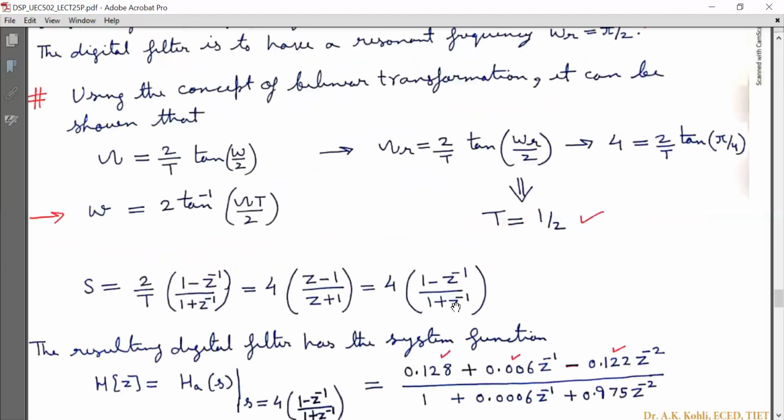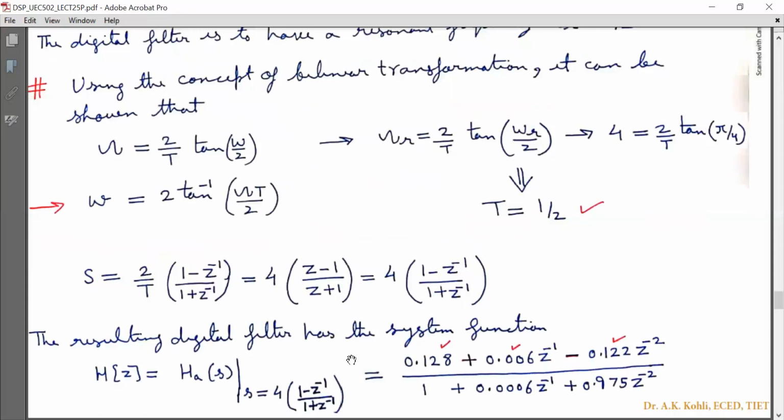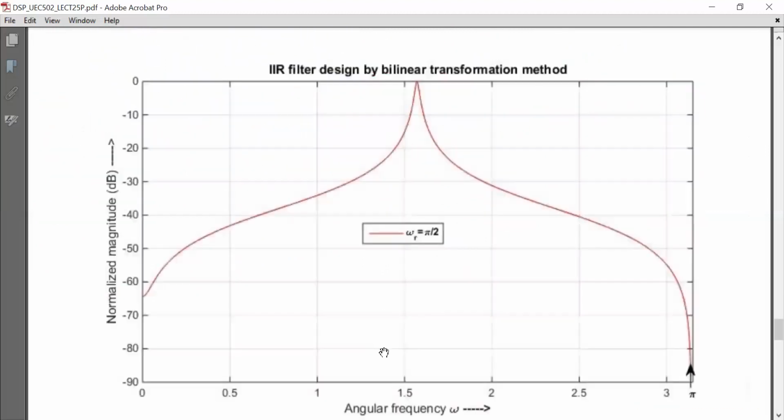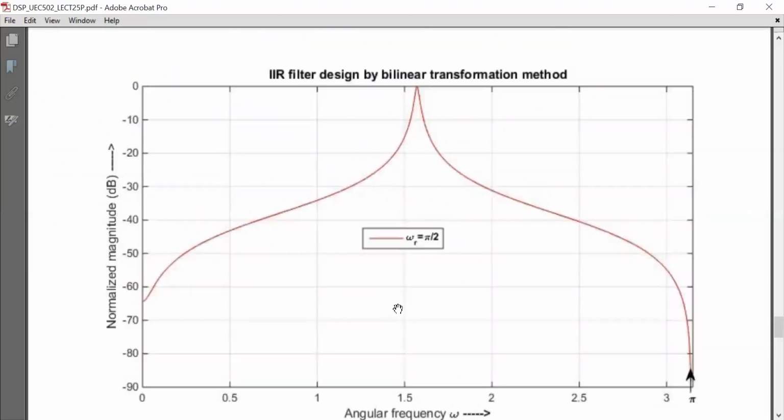Now I will calculate its frequency response in MATLAB and show you the plot. This is the normalized magnitude on the y-axis, and on the x-axis it is the angular frequency in the discrete domain, omega, varying from 0 to pi.